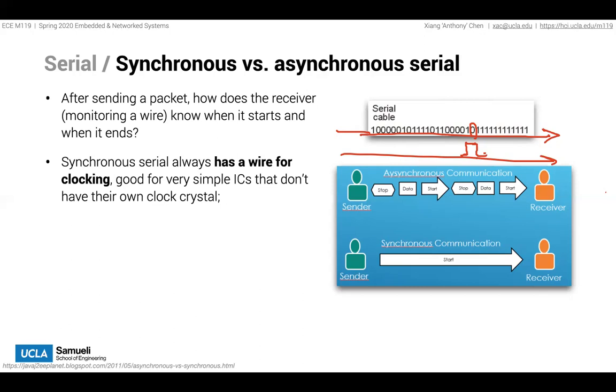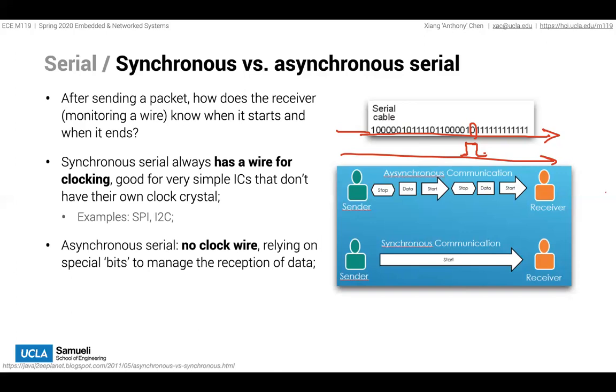It's very good for simple ICs, because sometimes these ICs don't necessarily have their own clock crystal. So they rely on maybe a master device or the microcontroller's clock to supply these signals, so they can synchronize with the master or the microcontroller. SPI and I2C are two such examples that rely on a clock line to synchronize the receiving of data.